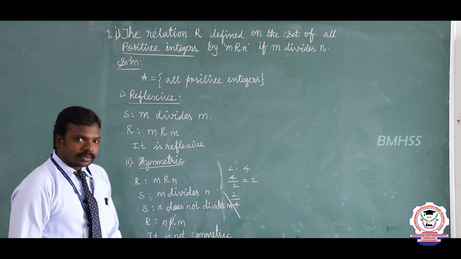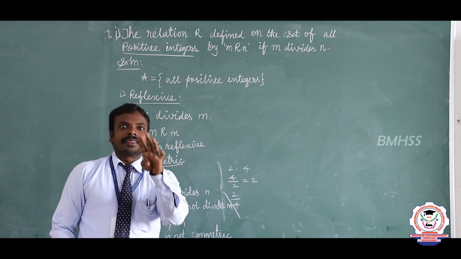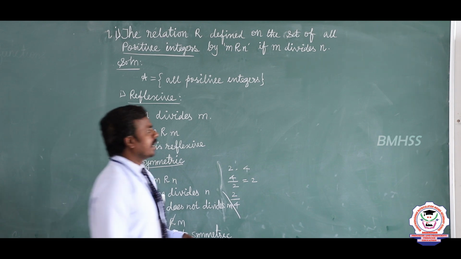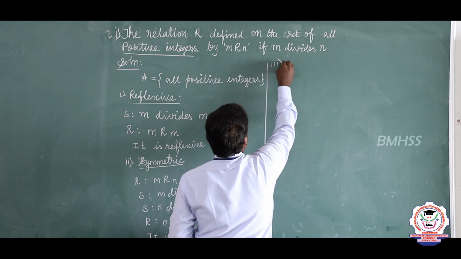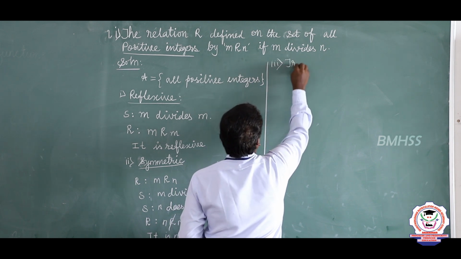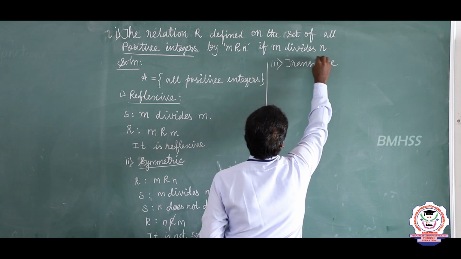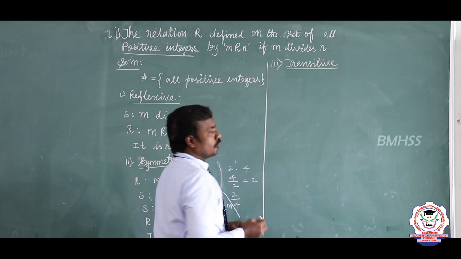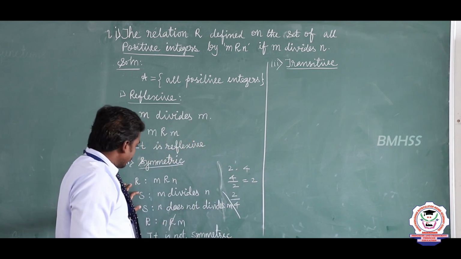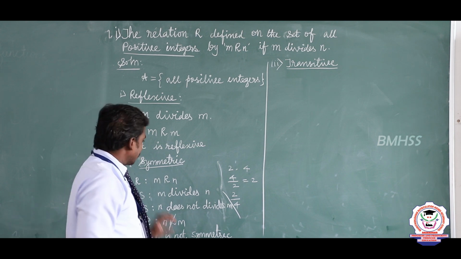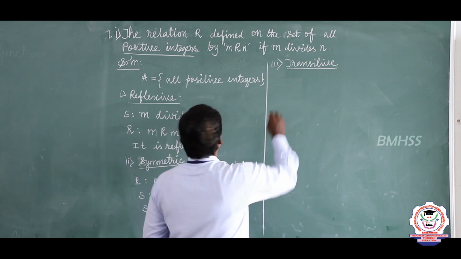The third one is transitive. To check the transitive, we need three elements. We need to write the relation, the statement, and finally again the relation.